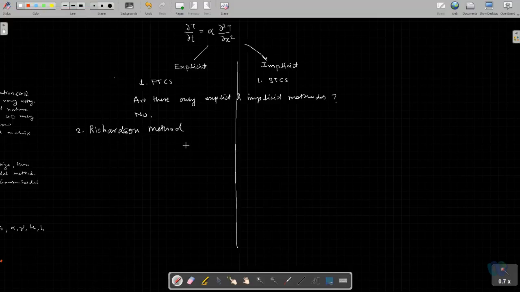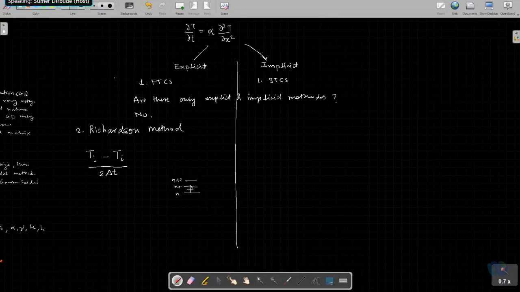Now in the Richardson method, this time derivative is taken like this: Ti minus Ti, divided by twice delta T. You can understand that when it is taken as twice delta T, this is n plus 1 and n minus 1.